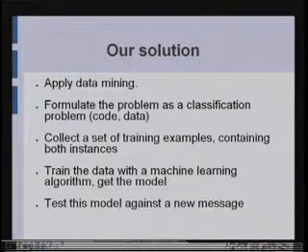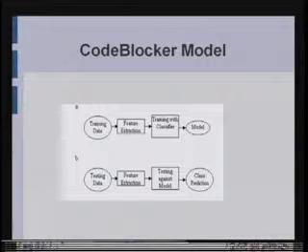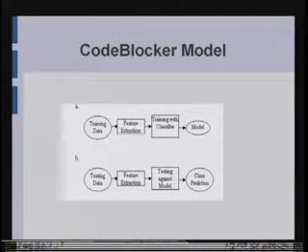So we apply data mining and formulate the problem as a classification problem. Is it code or data? We collect a set of training examples containing both instances, train on the data, and test the model. For the code blocker model that we have developed, it is the same: training data, we extract features, then train a classifier.